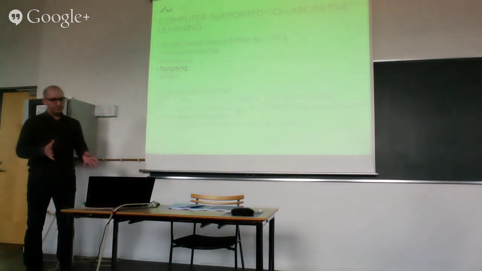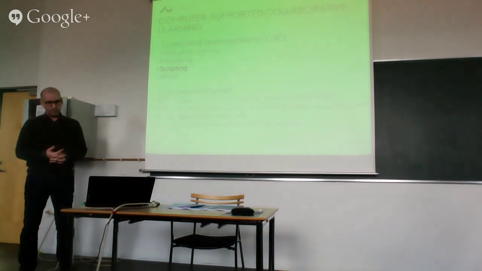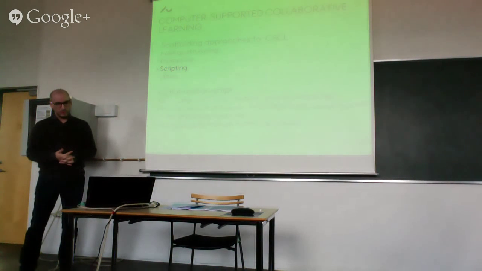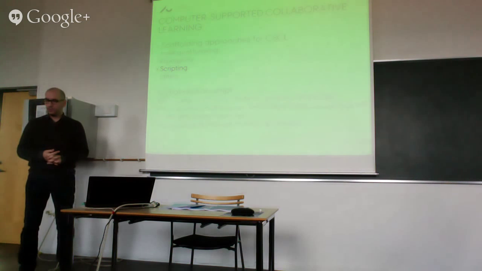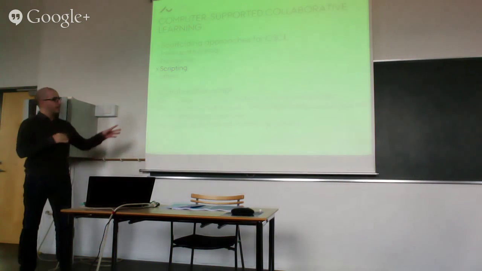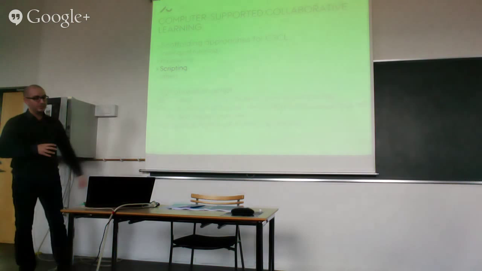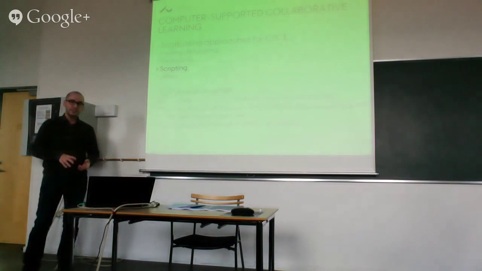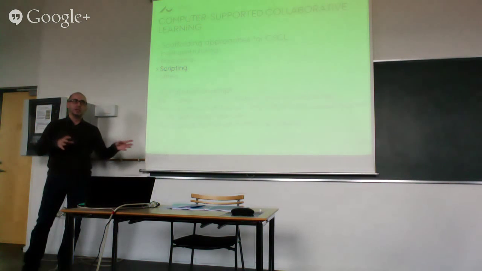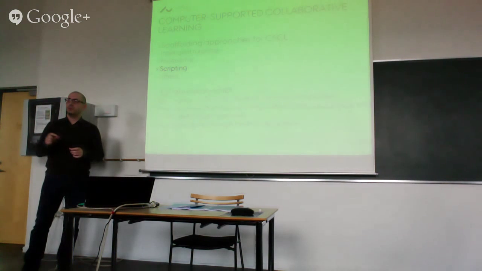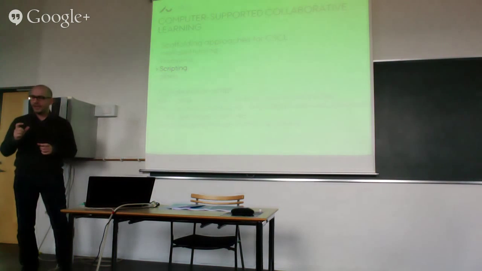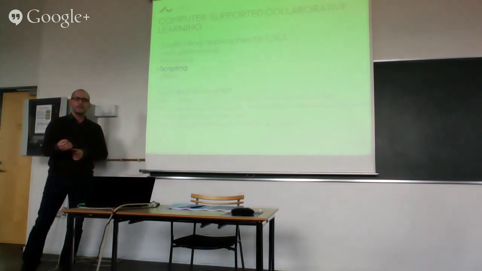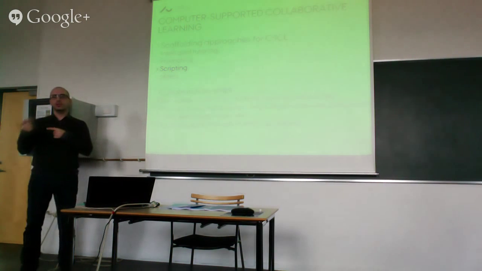There are many different approaches for scaffolding students in computer-supported collaborative learning. I'm just mentioning some of them here. One is intelligent tutoring. An example is when you have an agent, like a machine, and two people talking on a chat.